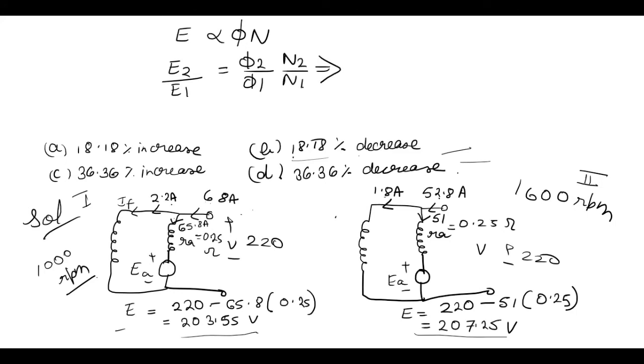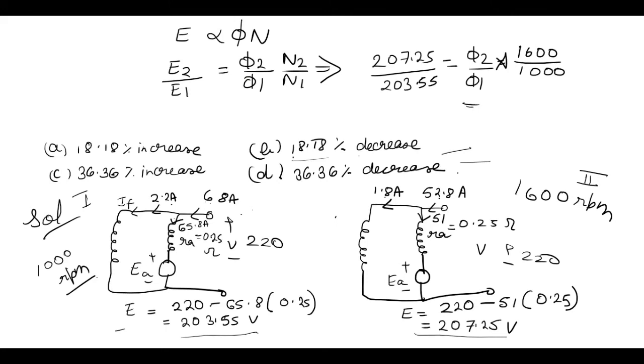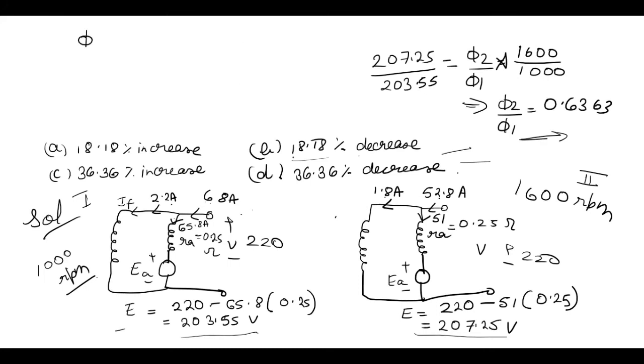By placing all the values, 207.25 upon 203.55 is equal to phi2 upon phi1 into 1600 upon 1000. So here phi2 upon phi1 will be 0.6363. So you can see that there is a decrease in the flux.